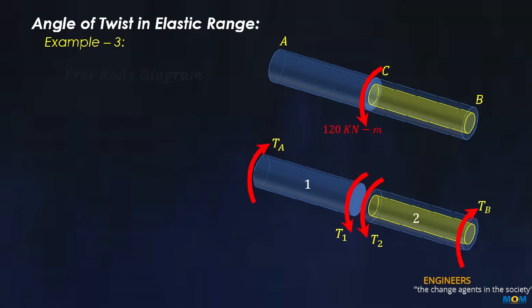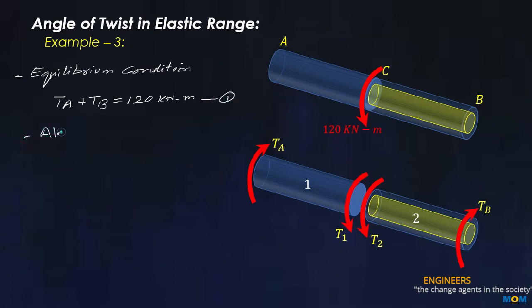Now the equilibrium condition: TA plus TB equal to 120 kilonewton meter. Let's say this is equation 1.